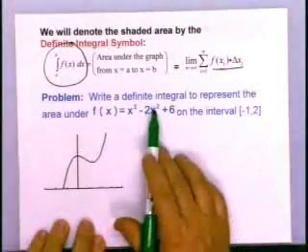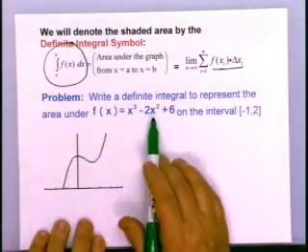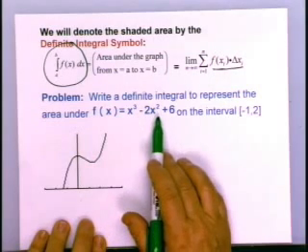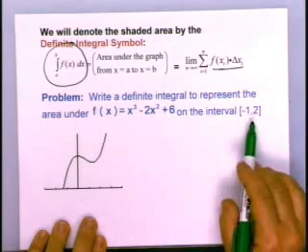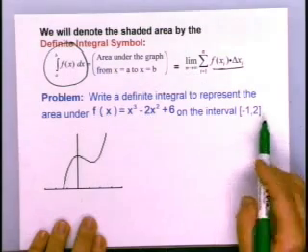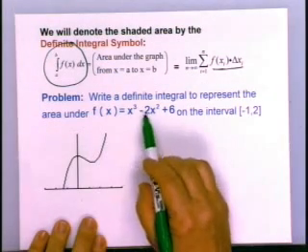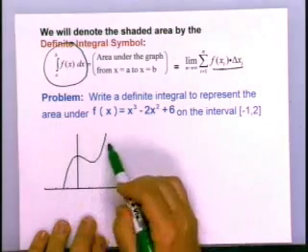So let's write a definite integral to represent the area under the function x cubed minus 2x squared plus 6 on the interval from -1 to 2. I have graphed x cubed minus 2x squared plus 6, and you can see the graph here.